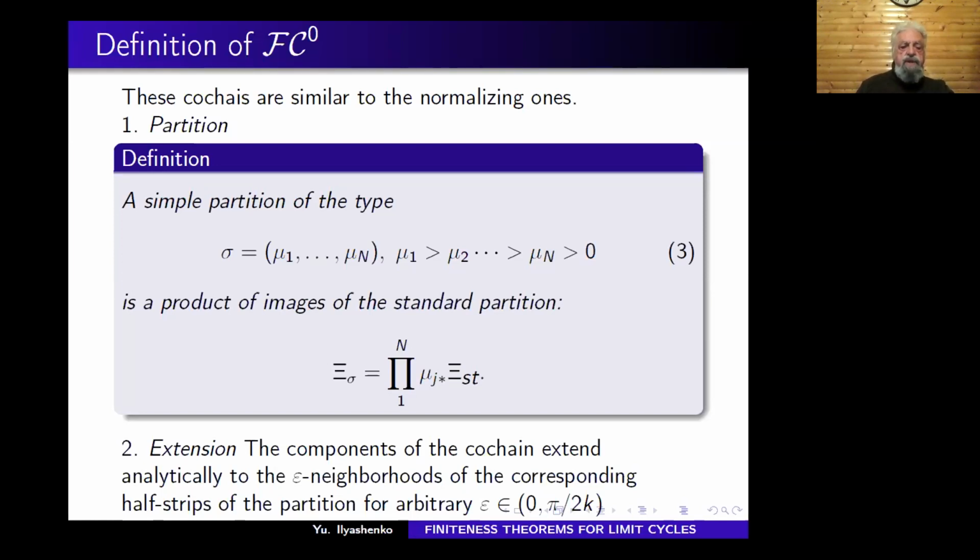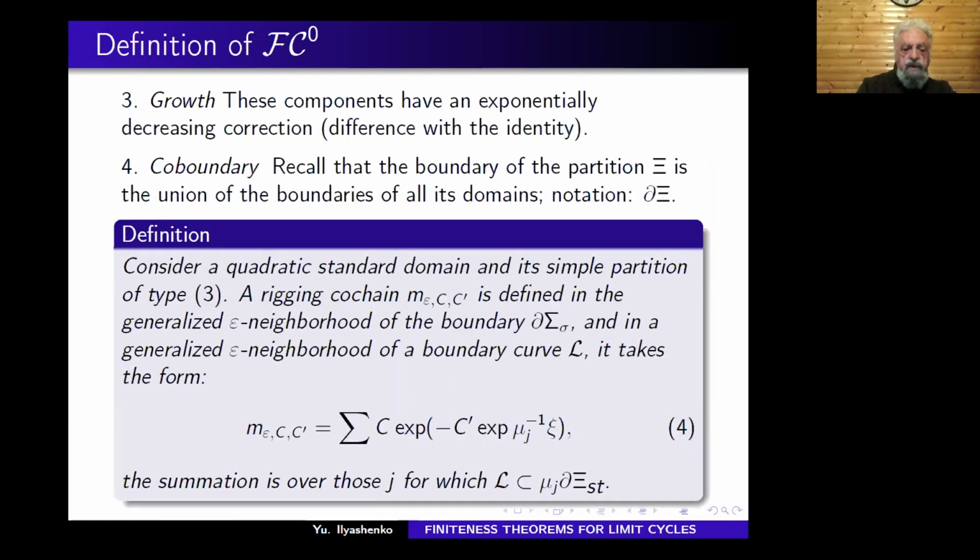So the partition is the product of standard partitions multiplied by real numbers. The formula is written here. The extension is similar to the case of normalizing cochain, slightly modified.